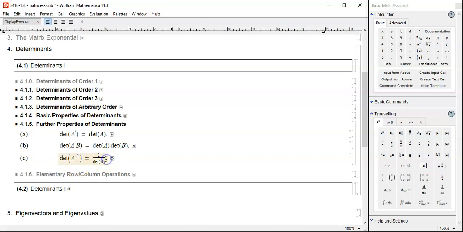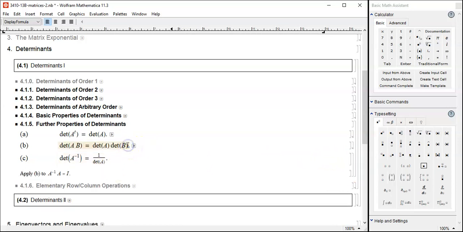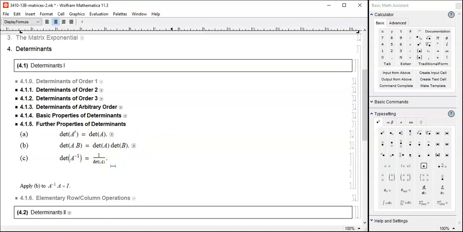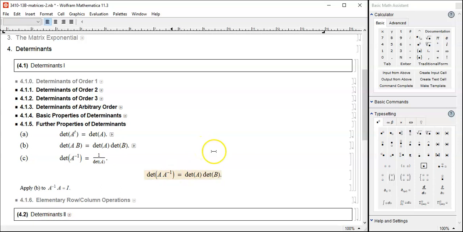And then this one, the determinant of the inverse, is 1 over the determinant, and this one can be deduced from here. So from here, if I apply B as A inverse, so instead of B, if I put A inverse here, then the determinant of A times A inverse, what is this?